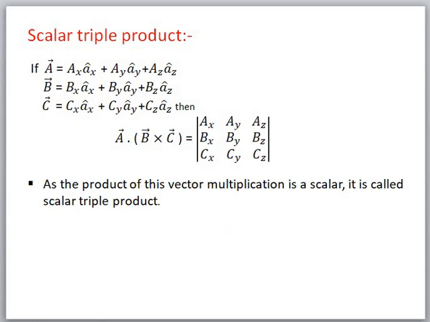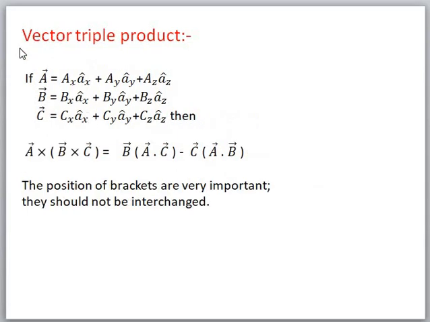Now let's see the vector triple product. If given three vectors A, B and C, vector A is equal to ax ax cap plus ay ay cap plus az az cap.